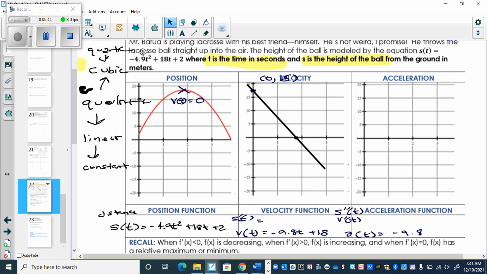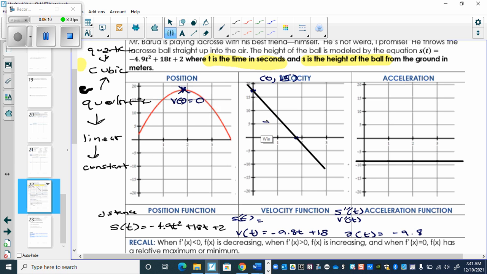Now, how about acceleration? So at -9.8, right above -10, that's a -10 there. That's going to be my acceleration function. Okay, and you can notice when this is increasing, v(t) is positive.